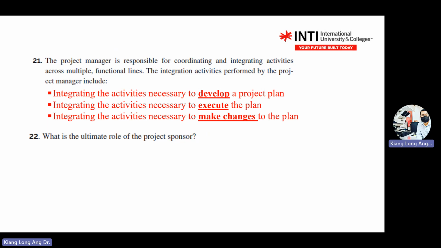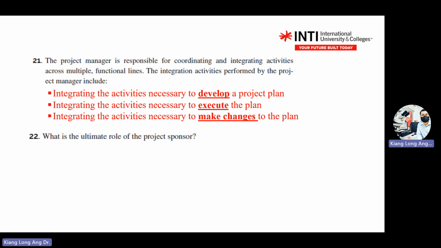This explains why you need integration. You do integration between the functions, the project components and processes. So how you do it is that you develop, you execute, and make changes.